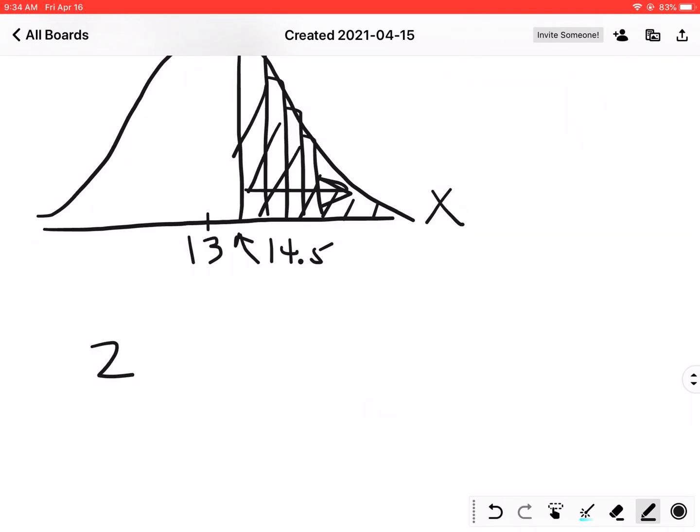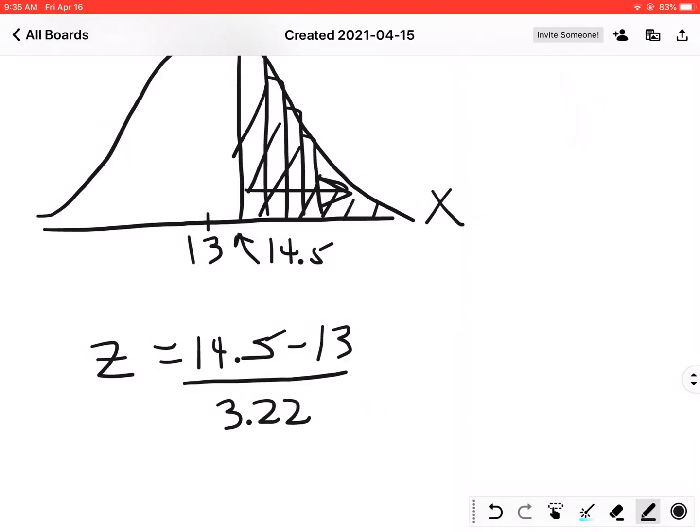So calculating Z, that 14.5 is what we're going to use for our x value. 13 is the mean, and the standard deviation from above is 3.22.